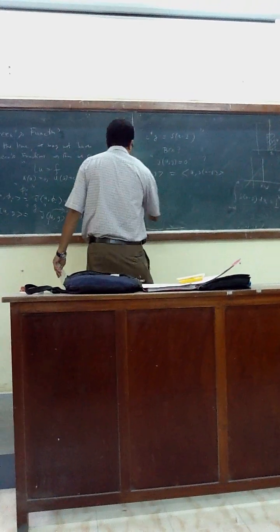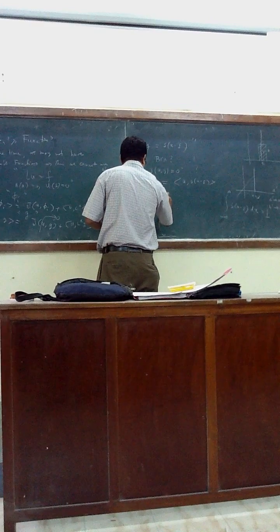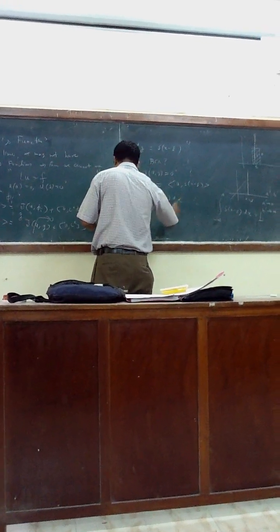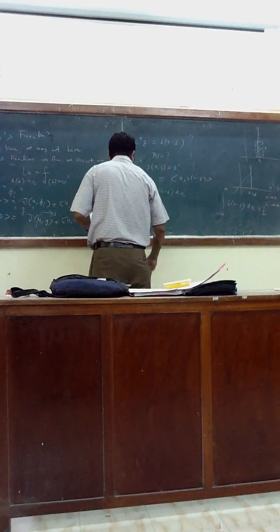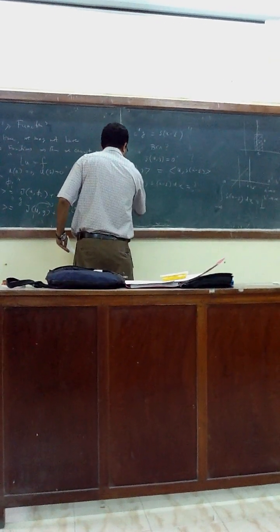So now if I multiply f x delta x minus z dx, what will you get? Question. Let's see. Minus infinity to plus infinity.